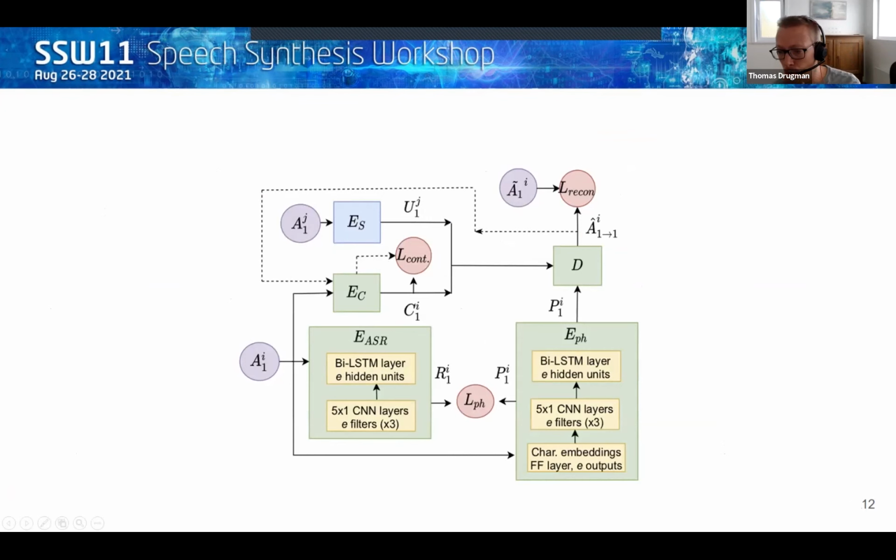Basically, those 2 modules at the bottom, the ASR encoder and the phonetic encoder. Roughly, if you look at the top of this diagram, where you have the speaker encoder, the content encoder, and the decoder, this is very similar to AutoVC, which you can find in the evaluation. So the main advantage of VoiceY is to introduce these phonetic and ASR encoders, which are here to maintain intelligibility. That's what explains the gain in adverse scenarios.